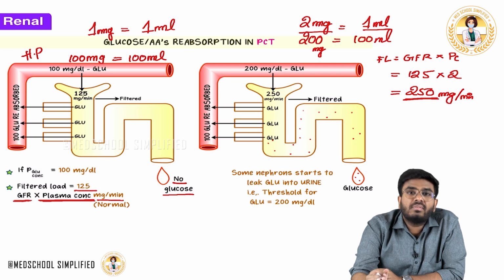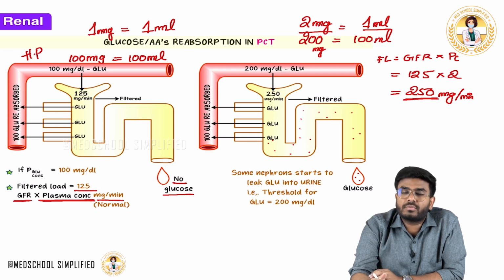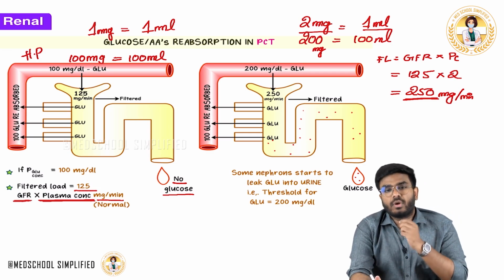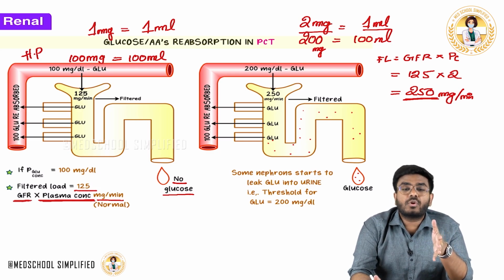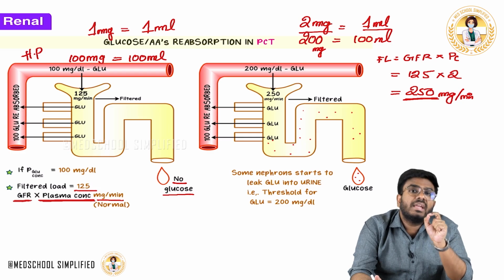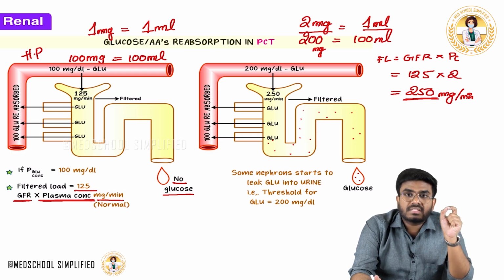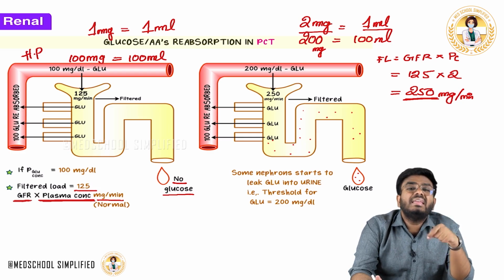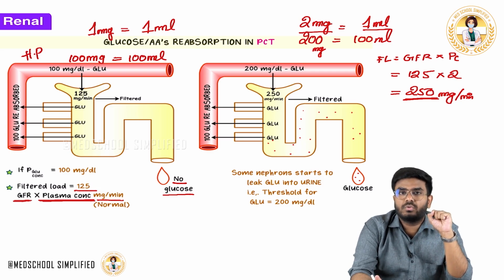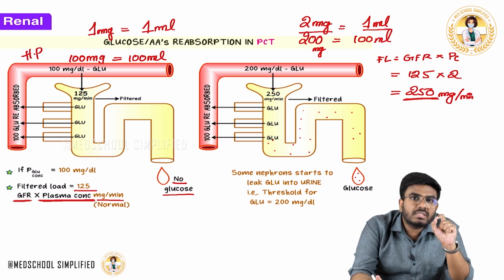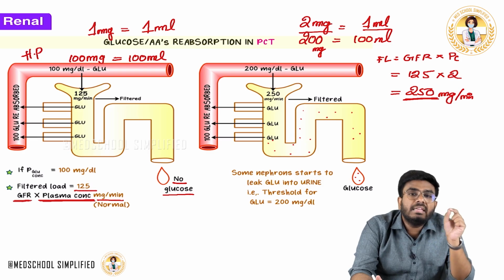Some nephrons will fail to reabsorb this much glucose. Because of the heterogeneity in the nephrons, some nephrons will start to leak the glucose. They cannot reabsorb all this glucose.